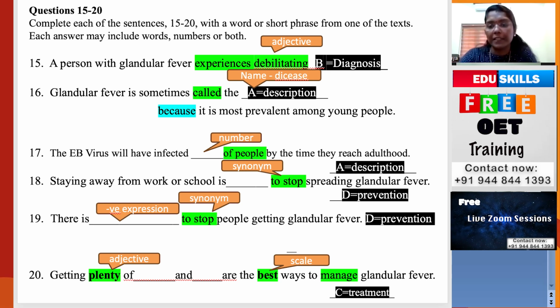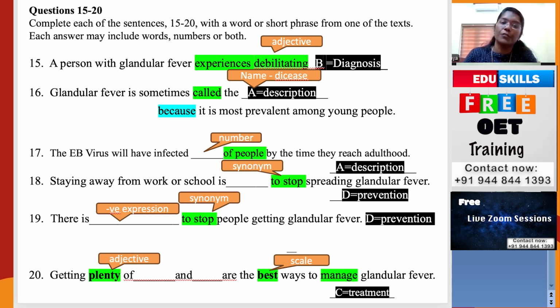Then this figure, we will get an idea from this figure. Look at the figure. From the picture, we can see the tiredness, swollen glands, then tonsils, swollen tonsils, and rashes, skin rashes, we can see. Then we will get an idea about the particular topic.